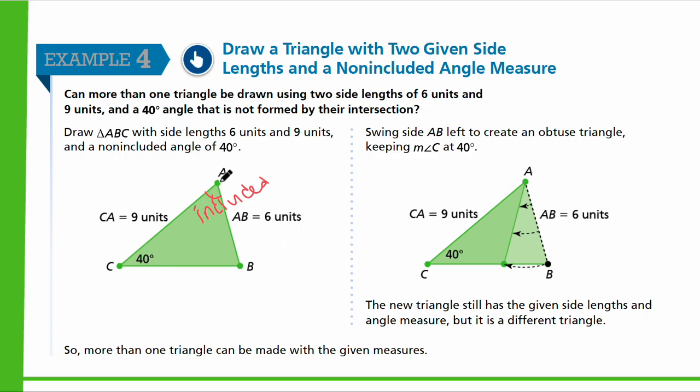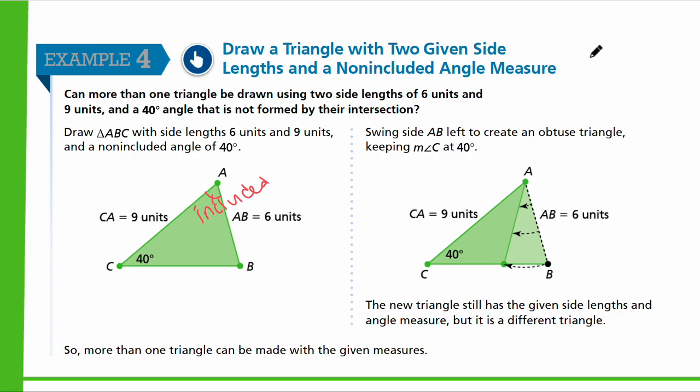This angle could be any angle, that angle could be any angle. The sides must be exactly 9 units and 6 units. So your triangle could look like this, or your triangle could look like that, because the other 2 angles don't really matter. So more than one triangle can be made with these given measures, which I shortly mentioned.